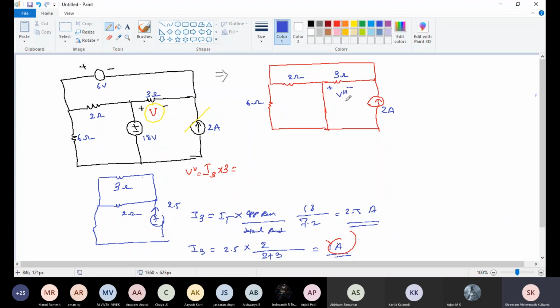We need to find V triple dash, where this 2 ohm and 6 ohm are in parallel. 6 ohm in parallel with 2 gives 1.5, which is in series with the 3 ohm resistance.